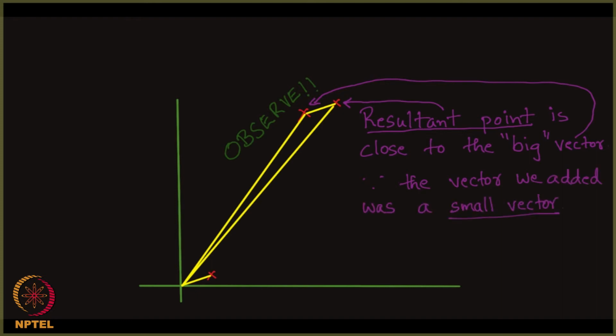Now please note, if two vectors which are of the same amplitude are added, this may not happen. This will happen only when you take a big vector and add it with a small vector. What do you mean by a big vector? A vector with a big amplitude is called a big vector. And this is a small vector because the amplitude is small.